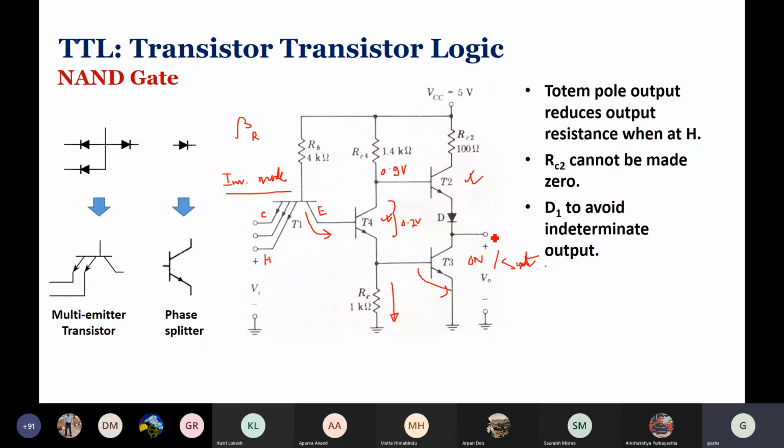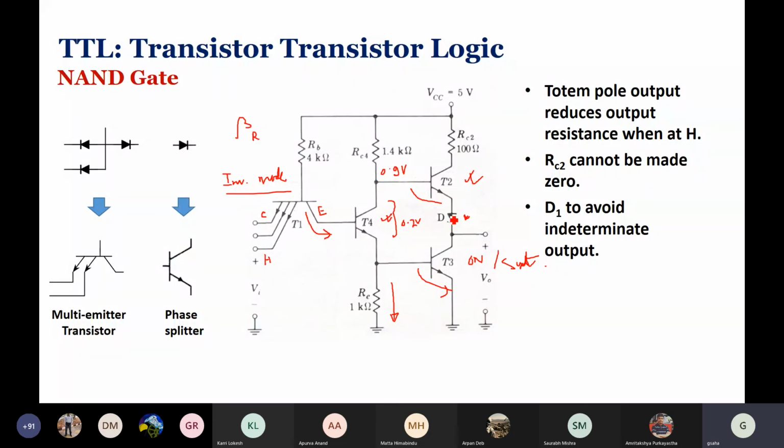Now because of the presence of one base-emitter junction here and one diode over here, 0.9 minus 0.2 or 0.1, depending on how deep it is in saturation, gives 0.7 or 0.8, which is not sufficient to make both of them on. You require about 1.4 volt over here.